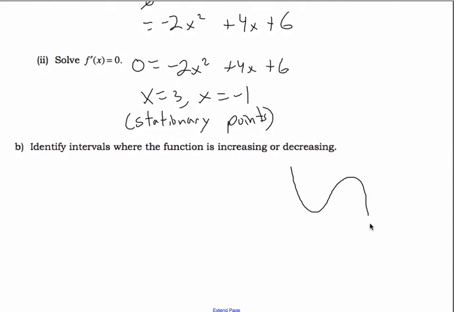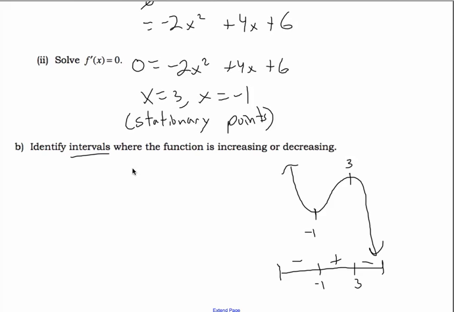So the graph looks like this, where this is -1 and this is 3. And then I'll draw the sign diagram. The question is asking for the intervals. So that's -1, that's 3. We are decreasing here, then increasing, and then decreasing again.